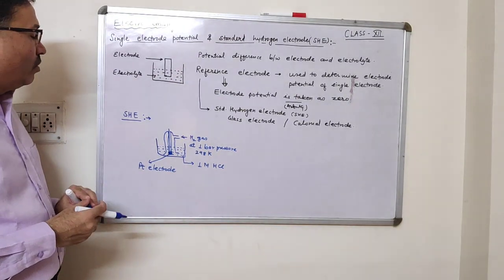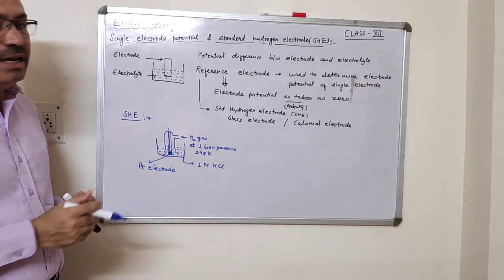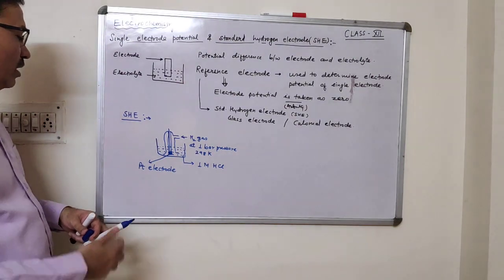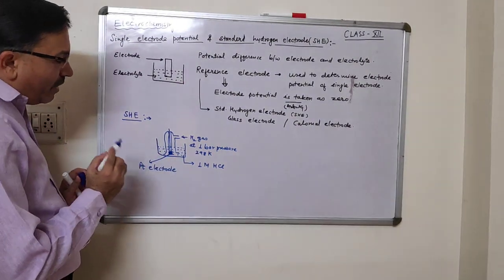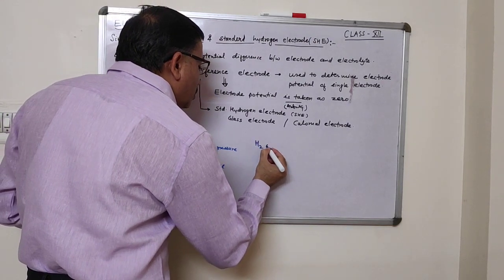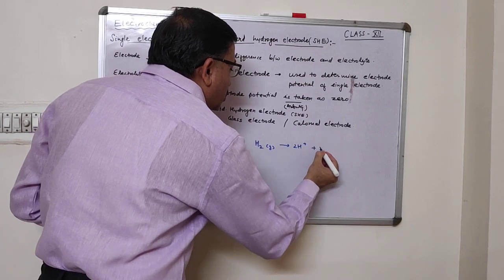This standard hydrogen electrode can be placed at the anode and it can be placed at the cathode. Right. If I place it at the anode, what reaction will take place? Hydrogen gas converts into 2H+ and 2 electrons.